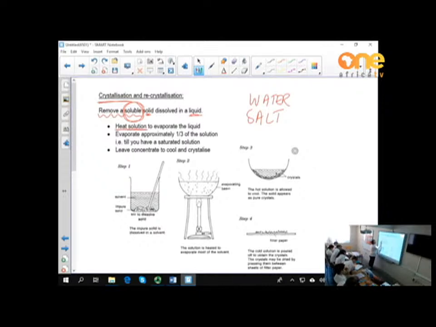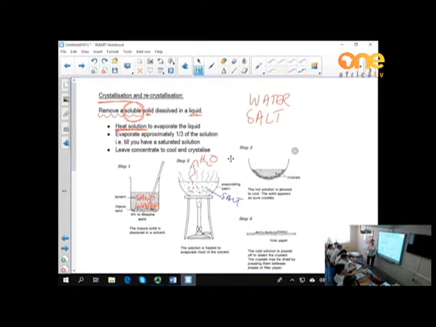We heat the solution, this beaker containing salt and water. Why do we want to heat it up? The water is evaporating. What is left behind in the basin? The salt will be left behind.